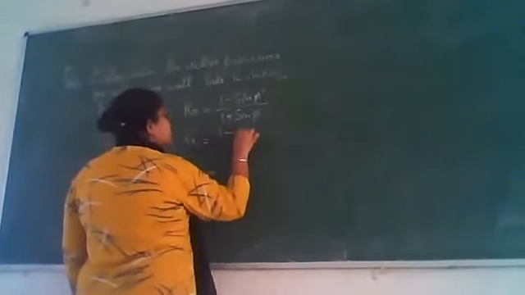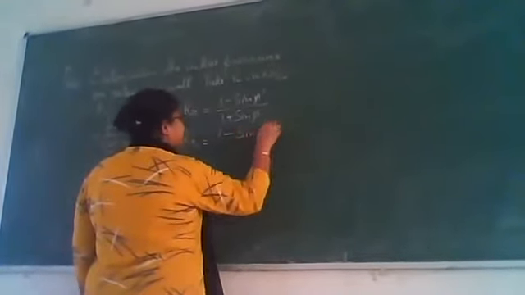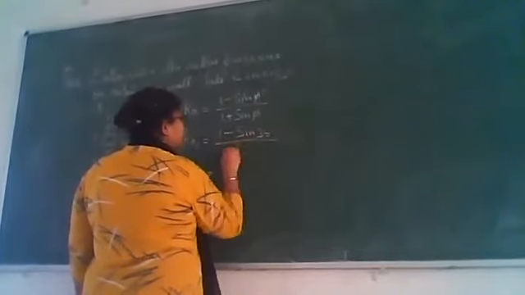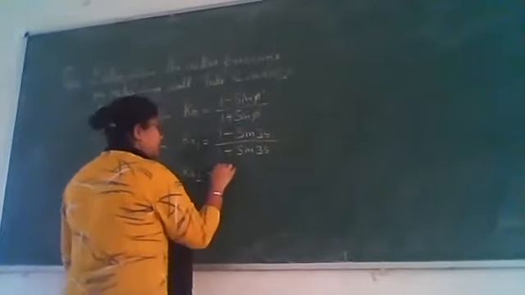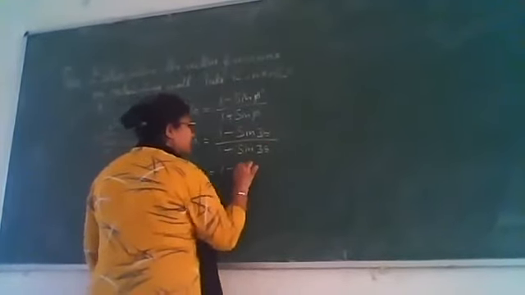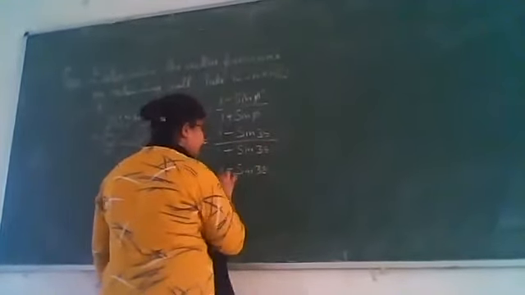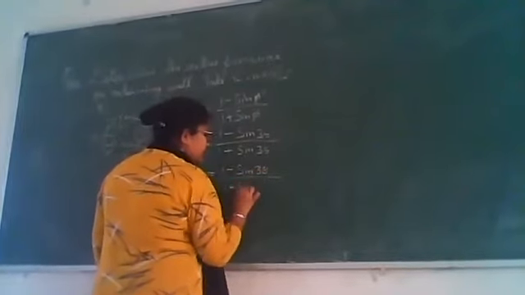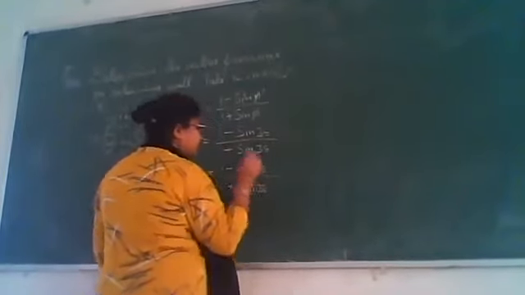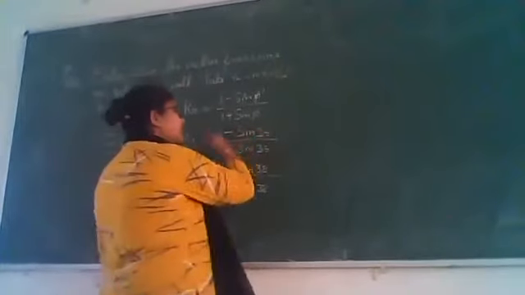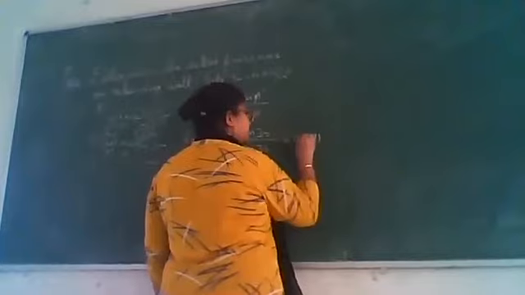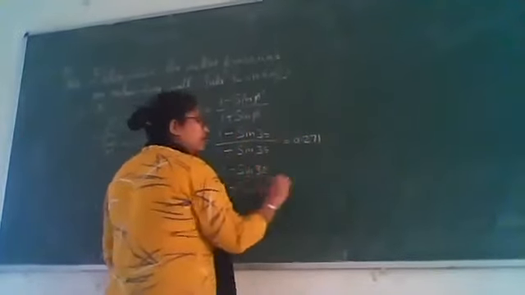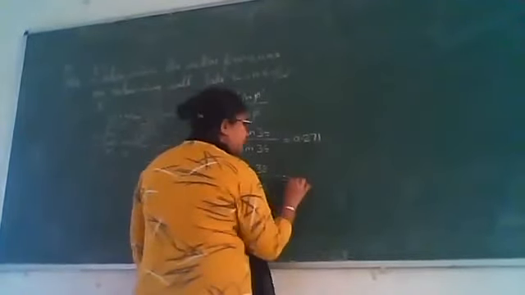Ka1 equals (1 minus sin 35 degrees) over (1 plus sin 35 degrees), and Ka2 equals (1 minus sin 38 degrees) over (1 plus sin 38). After calculating, Ka1 value is 0.271 and our Ka2 value is 0.238.